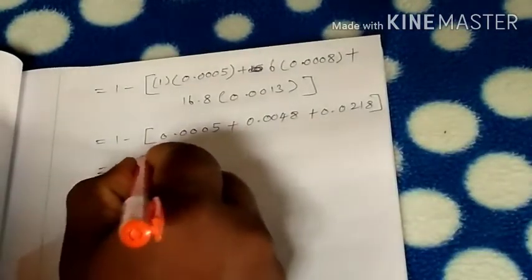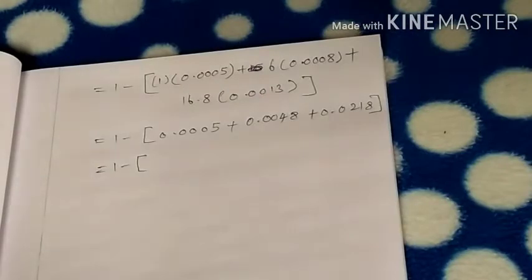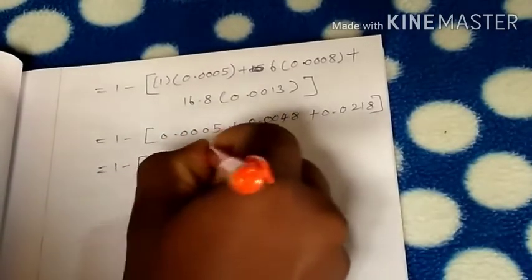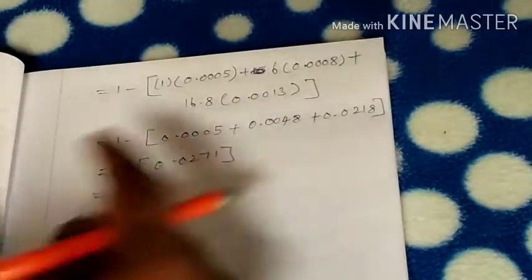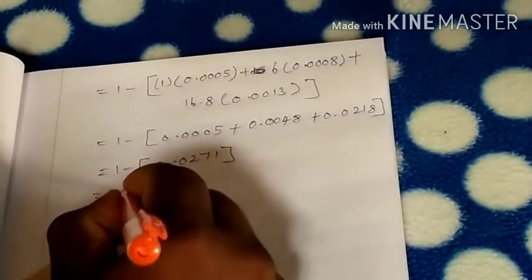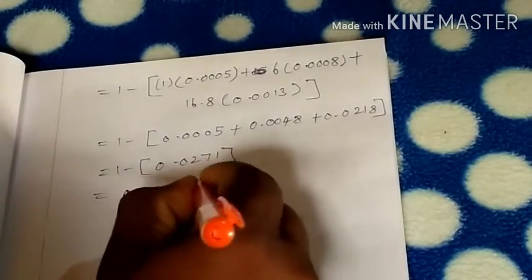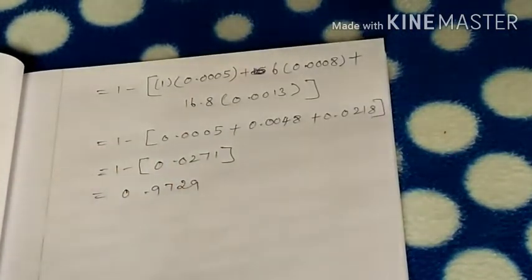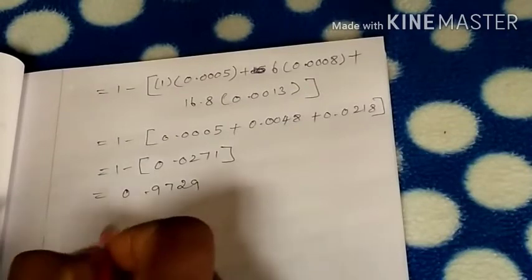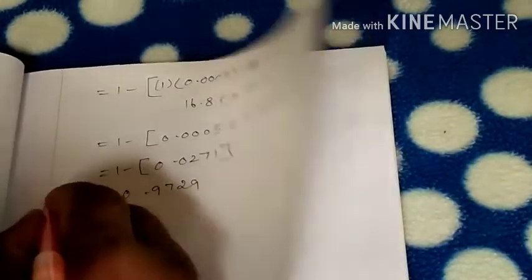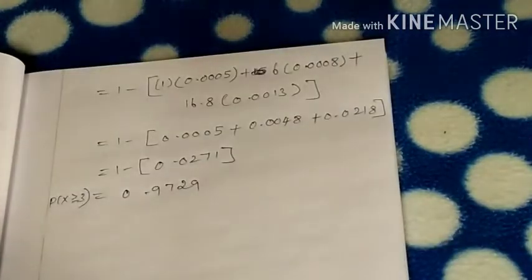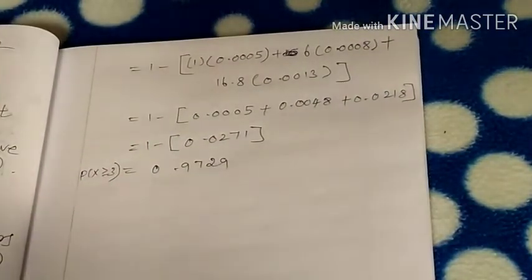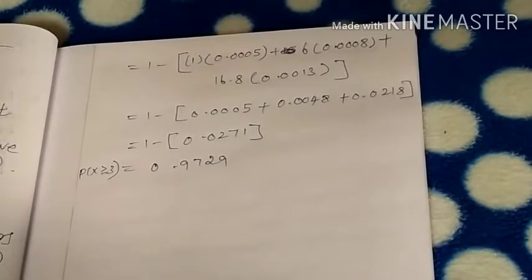Then finally the sum of all the values: 0.0005 plus 0.0048 plus 0.0218 is equal to 0.0271. Then 1 minus this value equals 0.9729. This is the probability that at least 3 of the travelers will have a laptop. So P of x greater than or equal to 3 is the answer. Have you understood? That's all for the first 3 subdivisions.